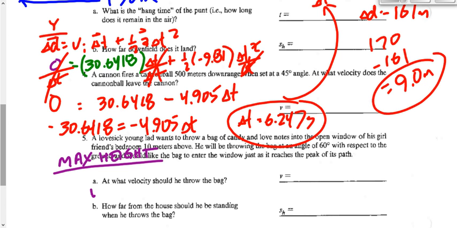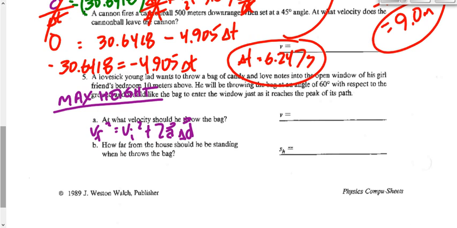let's say VF squared equals VI squared plus 2AD. This one's valid, right? Because anytime we have acceleration, I can use that equation. When the ball goes up like this, horizontal speed remains the same, right? What happens to the vertical speed right here?